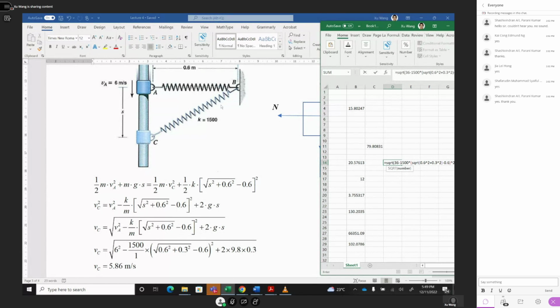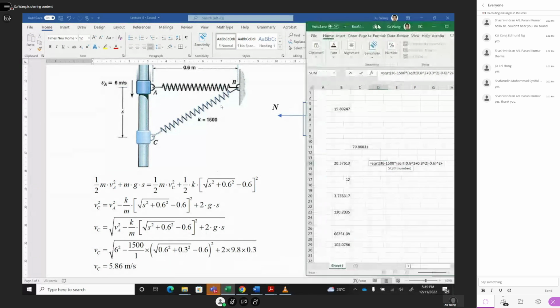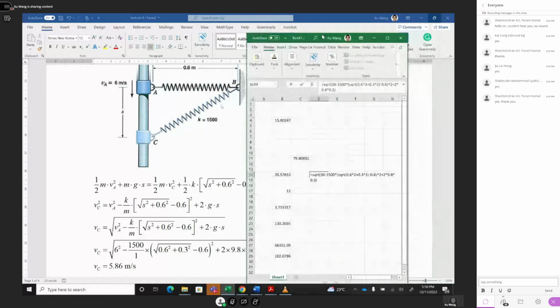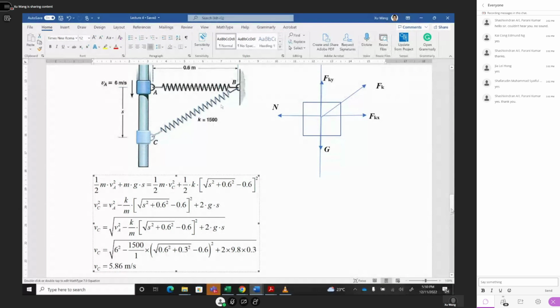Okay, and then plus 2g, 2 multiply 9.8 and multiply 0.3. This is a bracket again, and this bracket is for the 0.3. And this one you can enter. You get 5.98. I get these results.